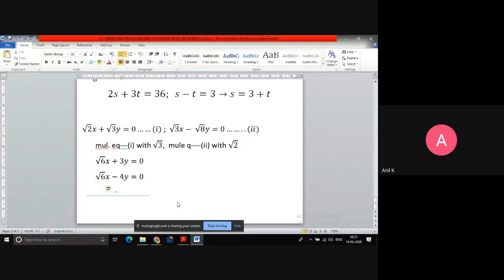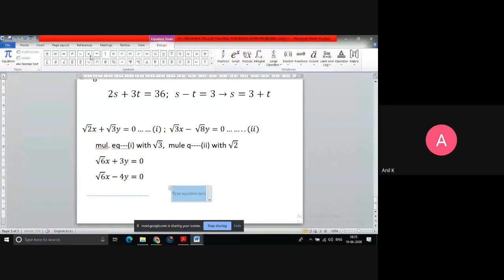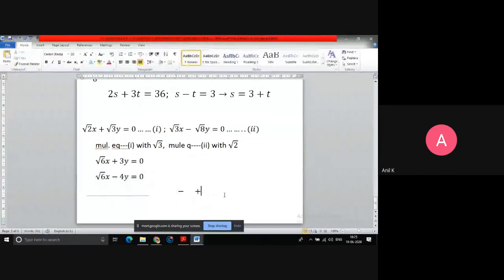So plus root 6 will become now minus root 6, and minus 4y will become plus 4y, equals to 0. I think no need to change the sign on the right.